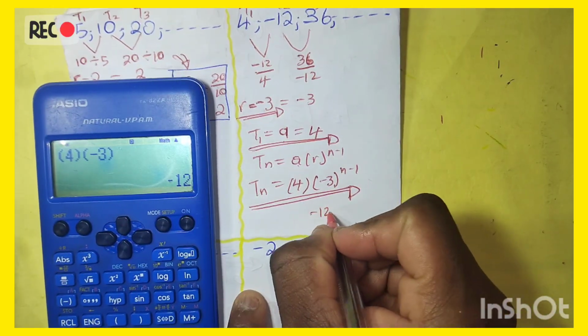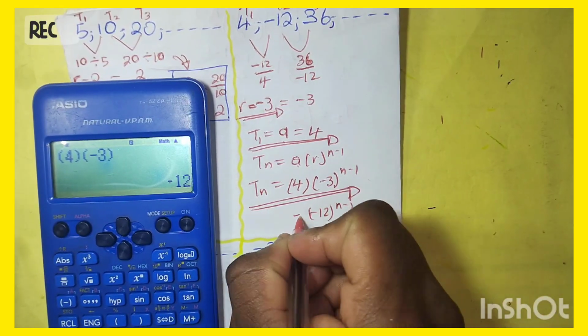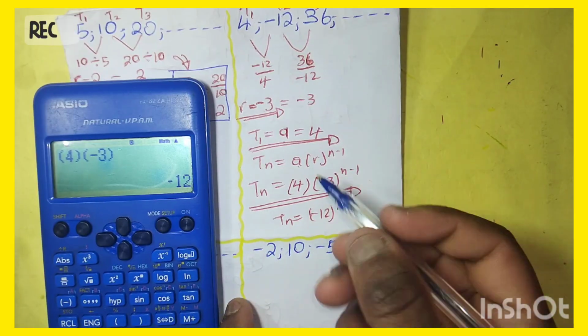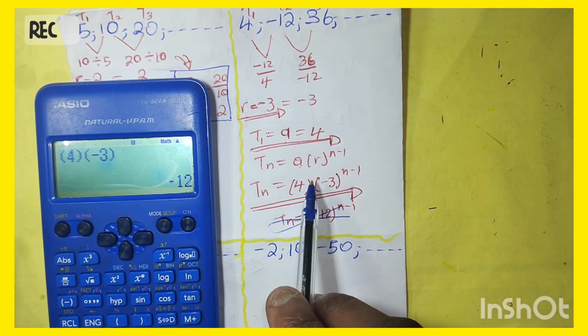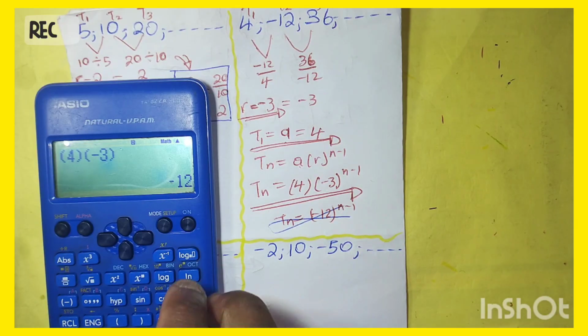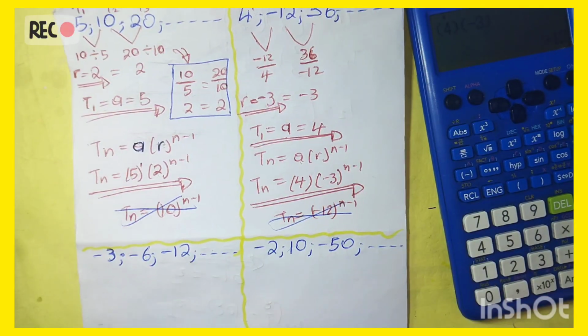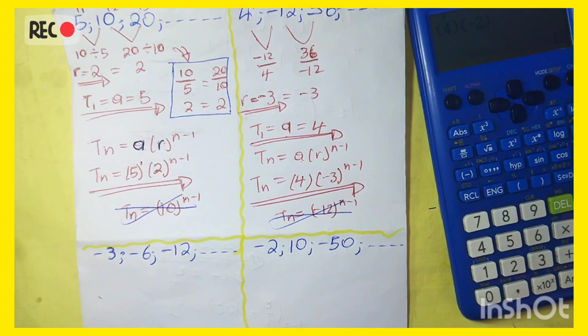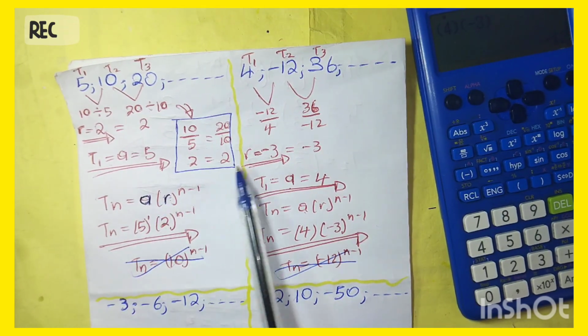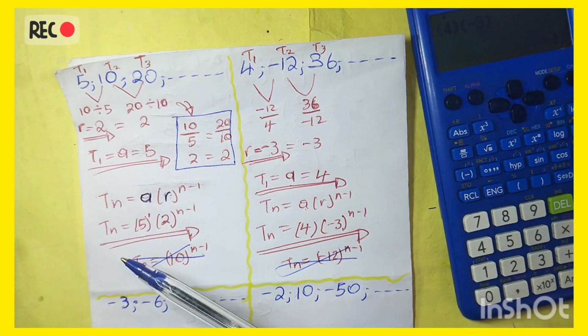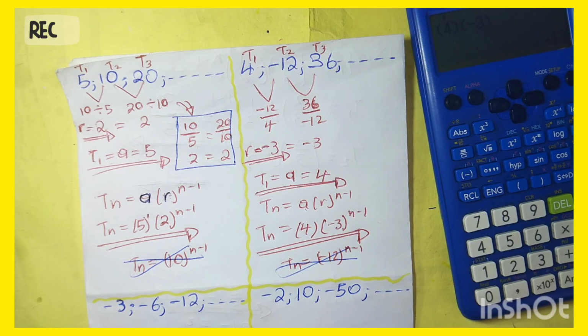Don't say this thing must be like this. Here we have an invisible 1, so those exponents are not the same, and I can't multiply their bases. So this is how you do a geometric sequence. You can take a screenshot and make your own notes.